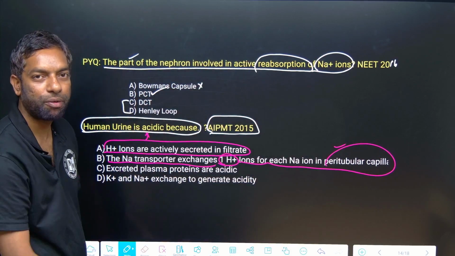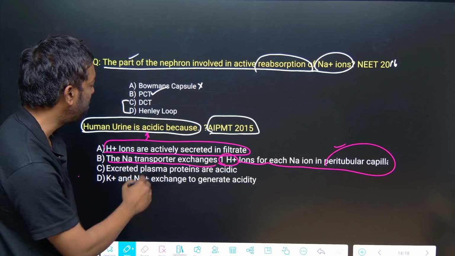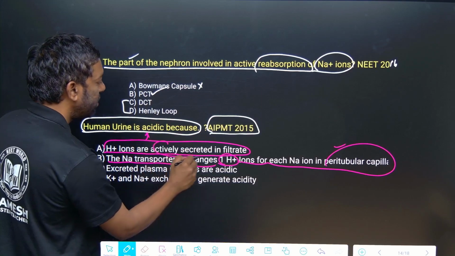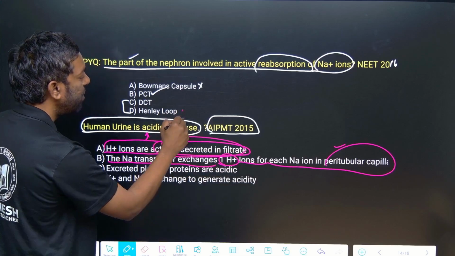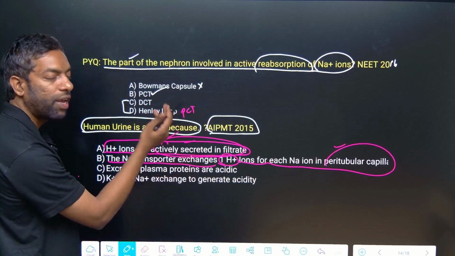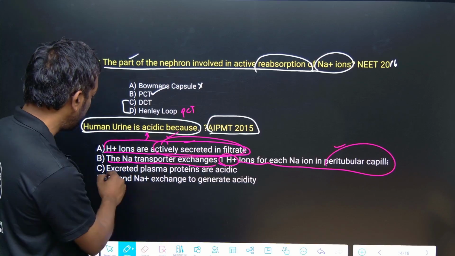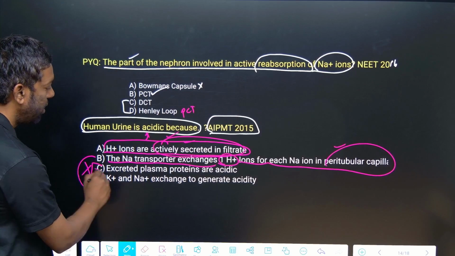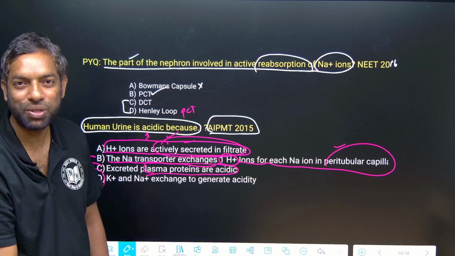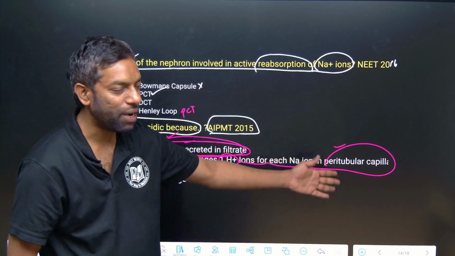Is there any peritubular capillary region? No, you have to blindly remember the PCT part: H plus ions are actively secreted into the filtrate in the PCT, which leads to acidic urine. Plasma proteins are not involved in this. You have to blindly remember, not peritubular capillary.